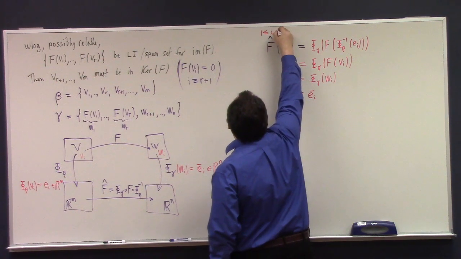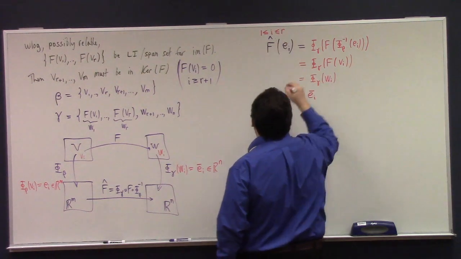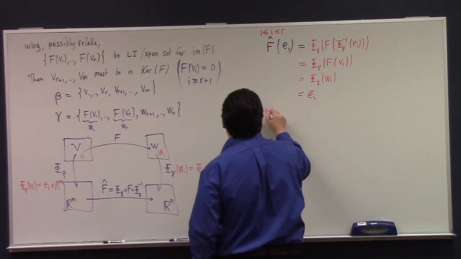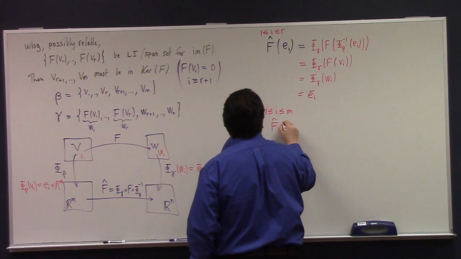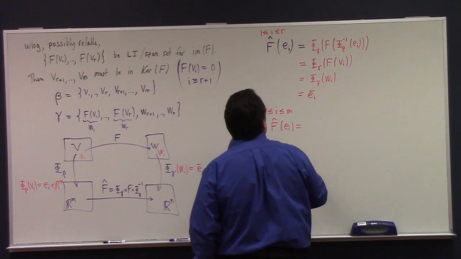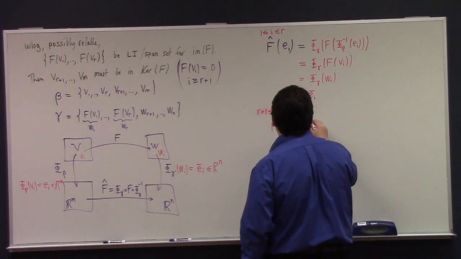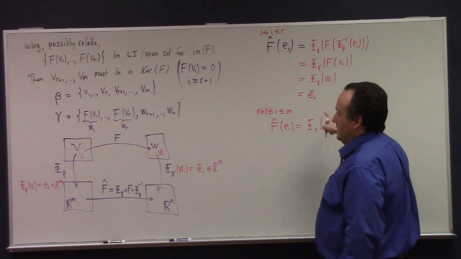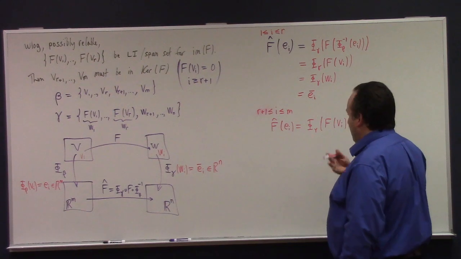I should have said, well, maybe you're wrong, or maybe you're right, because if r plus 1 is less than or equal to i, less than or equal to m, then you're exactly right. F hat of ei is what? Phi gamma of f of vi, but these vi's I claimed were in the kernel, so a little gap in my proof at the moment, but yeah, those are 0.